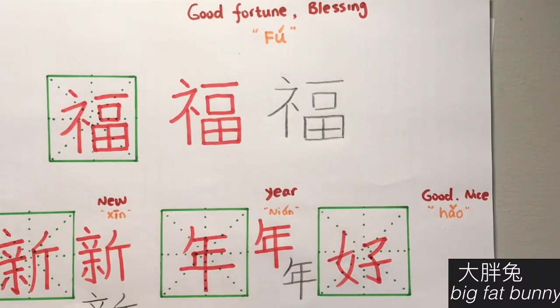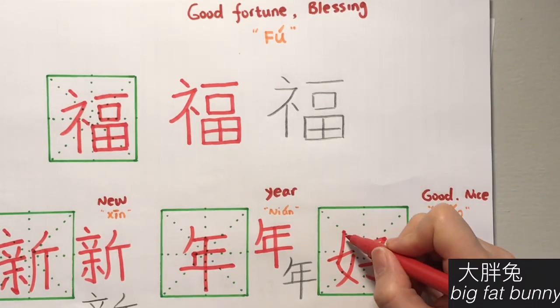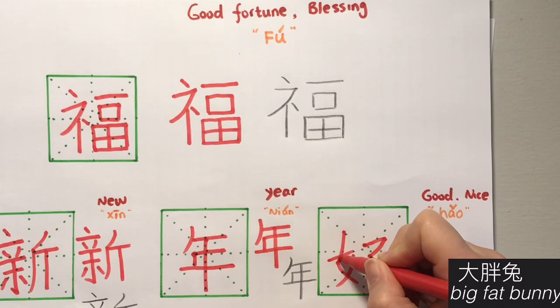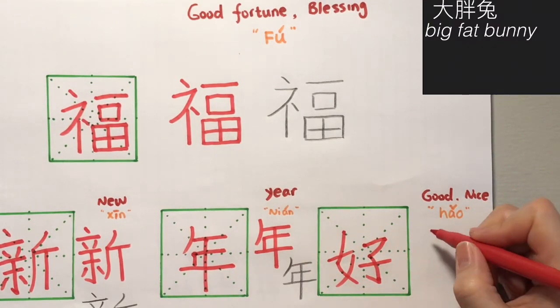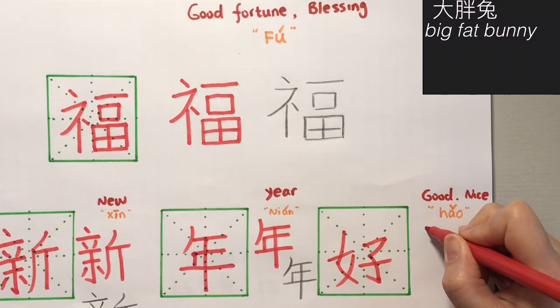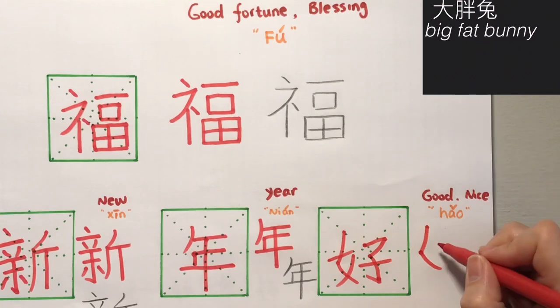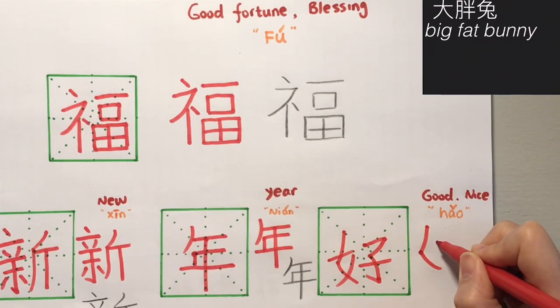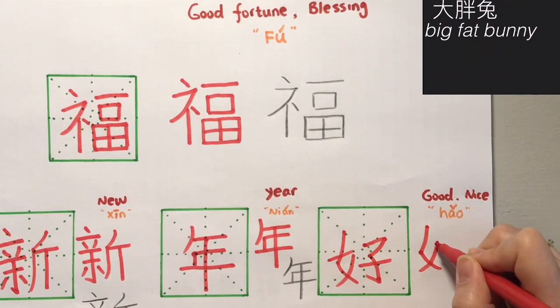Okay. Let's write this again. So the first one comes down. Okay. So do it again. Next one, cross legs, but not very stiff.